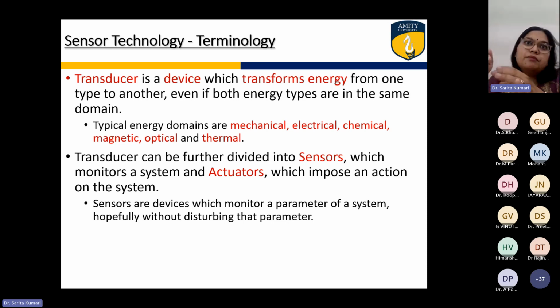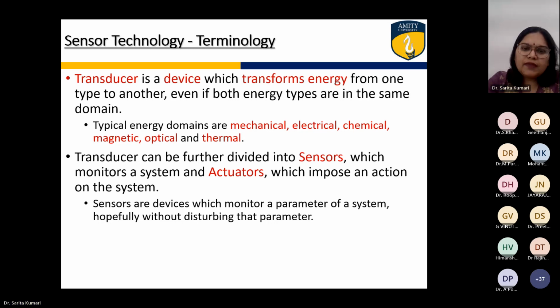Now this displacement is being converted into electrical form with the help of our LVDT. We can use any kind of displacement transducer which is converting displacement into an electrical quantity. That is the example of a secondary transducer, whereas the Bourdon tube acts as a primary transducer.